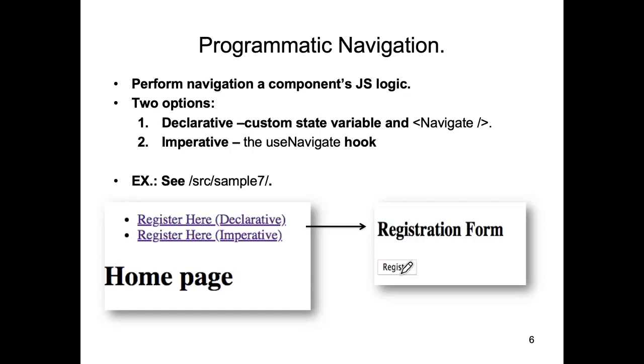Presumably the event handler validates what you fill in on the field, and if everything is fine, stores it in a database at the back end, and then eventually it will redirect you back to the home page. Now, it's this final redirection back to the home page that's carried out by the event handler, and so that's where we are going to implement programmatic navigation.